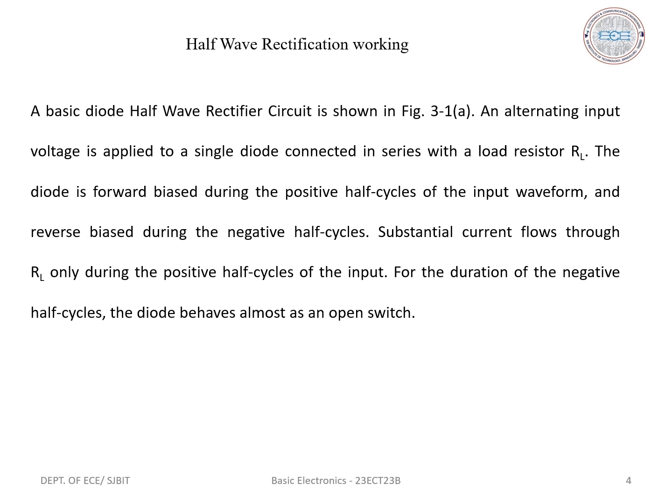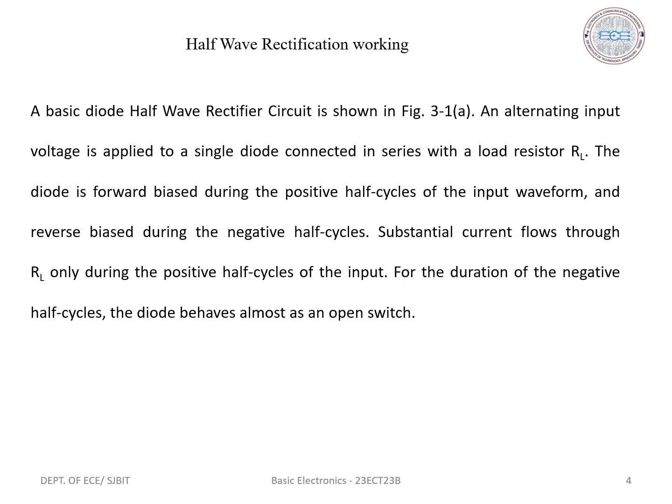First we will start with half wave rectification. The rectifier which conducts current only during one half cycle of an AC input is called a half wave rectifier. During the positive half cycle of input voltage, end A becomes positive with respect to end B. Hence the diode is forward biased and current flows through load resistance RL.